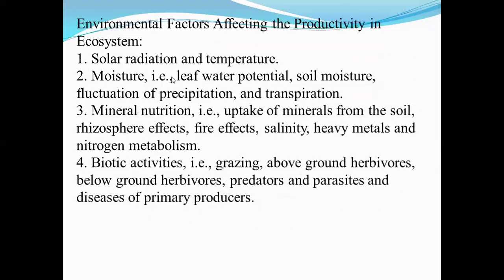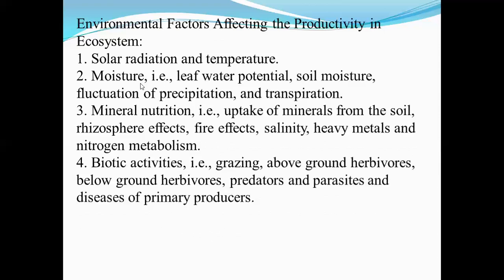Now, what are the environmental factors which affect the productivity in an ecosystem? Basically, since the entire ecosystem is dependent upon the sunlight for its food, for its energy, solar radiation and temperature play a very, very important role in the productivity of an ecosystem.